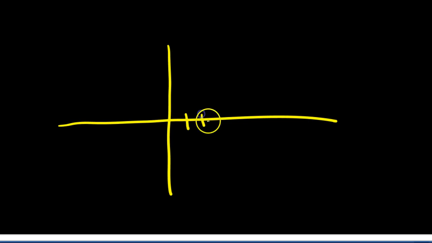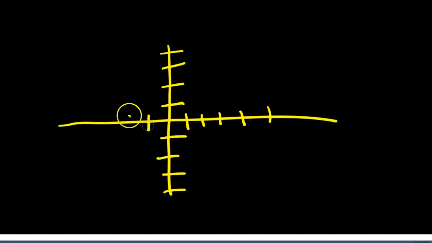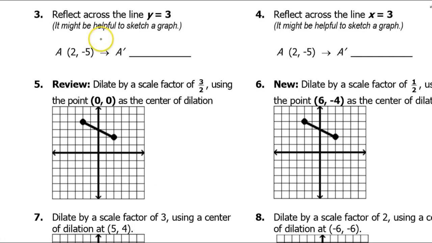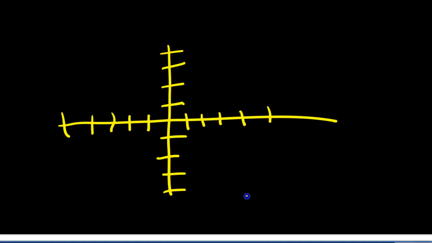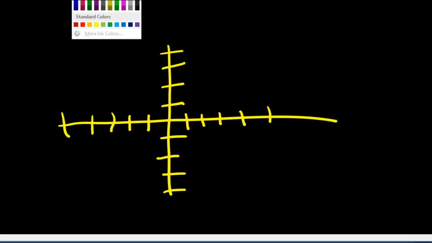So let's see, 1, 2, 3, 4, 5. Okay, I'll put more marks on here if I need to. So the line y equals 3 is a horizontal line at 3.